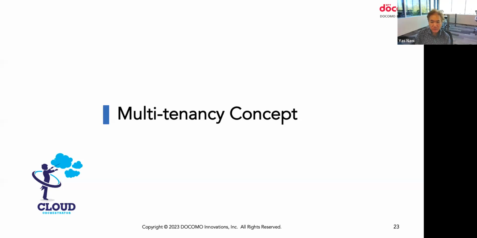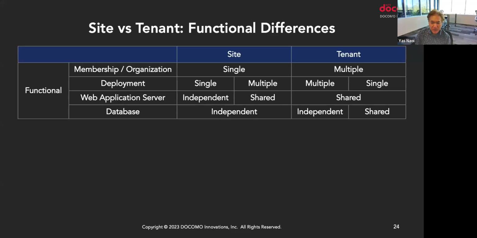Then the multi-tenancy concept. The main differences between site and tenant are the concept of membership or organization. When we build a community site by Drupal, the target organization for the membership is basically single for one organization. So this is just a single site.